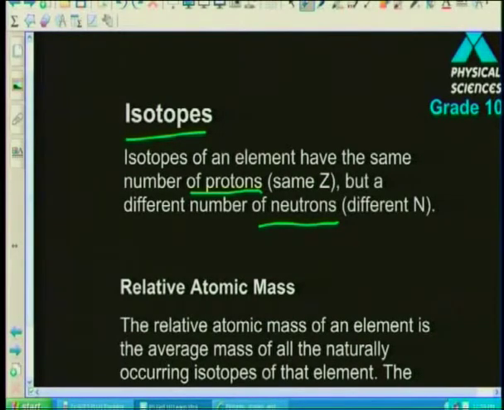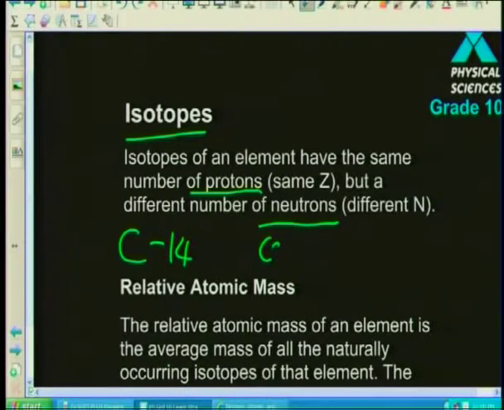Different isotopes. Now, there is something that's important here. If we want to talk about a specific isotope of carbon, the one that has a mass number of 14, we would call it carbon 14. So we write down the element and we write down the mass number. We can do it in words as well.